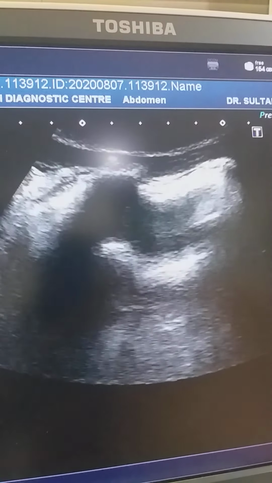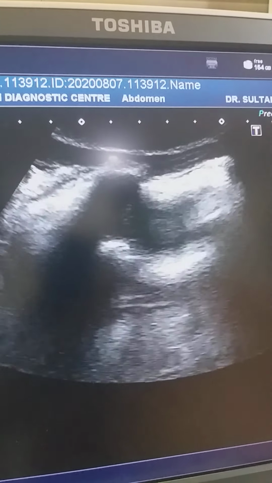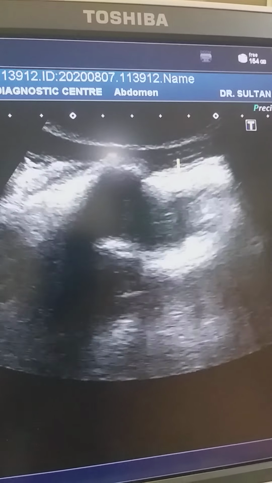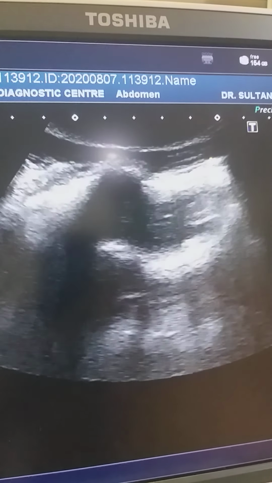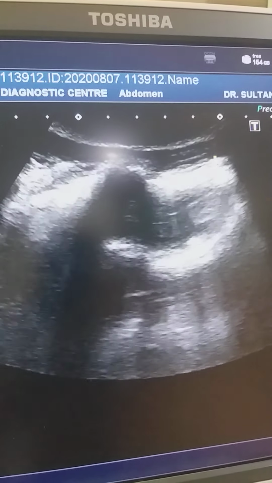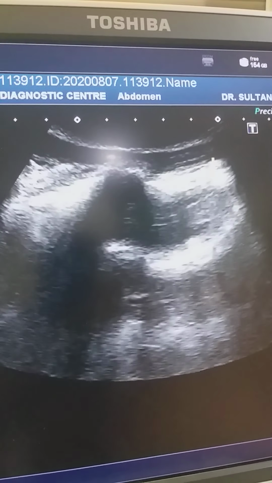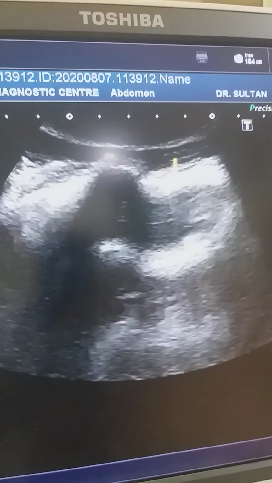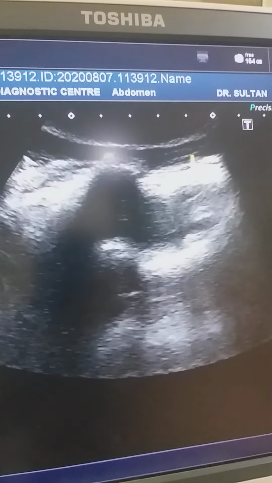This one you can appreciate. This white line is moving. This is the pleura, visceral and parietal pleura, which are moving with respiration.